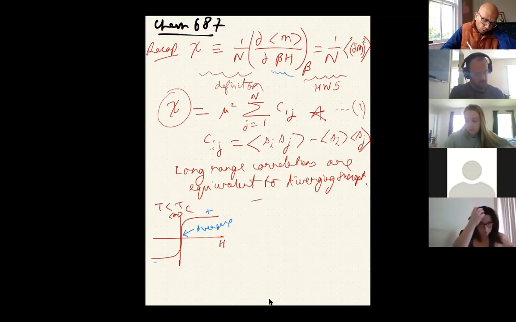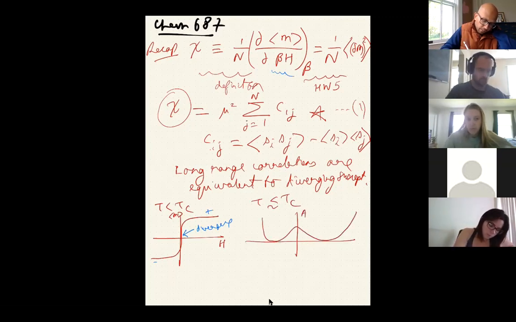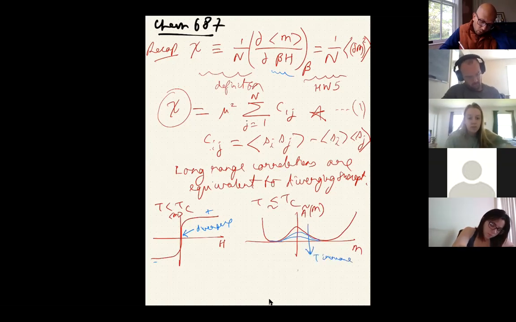At very close to Tc, things become a bit different. The main physics is that when you think about the potential of mean force versus magnetization, there is a barrier that starts to go down as temperature increases. No barrier at T equal to Tc.